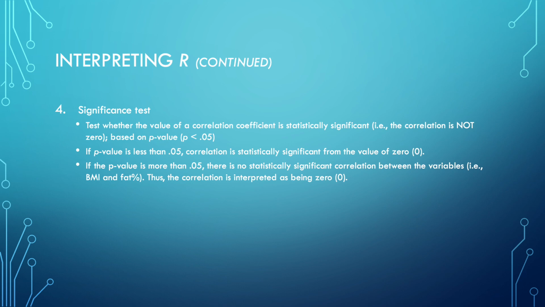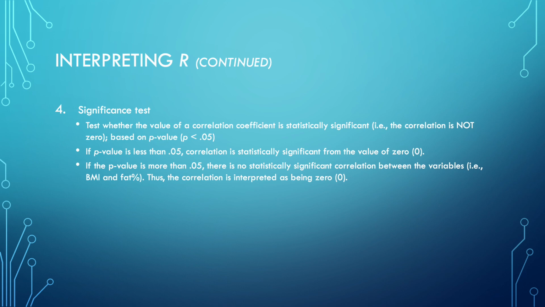And it's based on something called our p-value, and we're looking for a p less than 0.05. If a p-value is less than 0.05, the correlation is considered statistically significantly different from the value of 0. So it's saying that there is a correlation of some capacity.